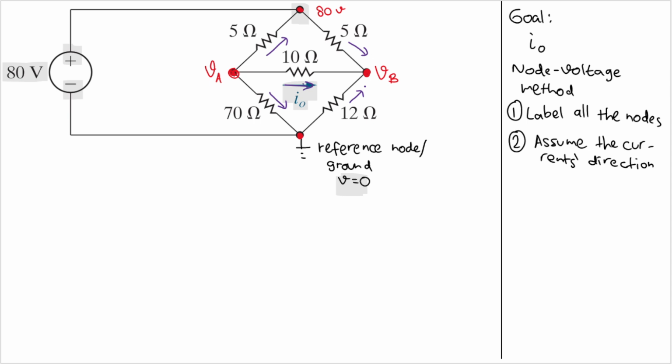That is the second step. We have assumed all the directions of the currents. And the third step that we need to do is to do KCL at all unknown nodes.